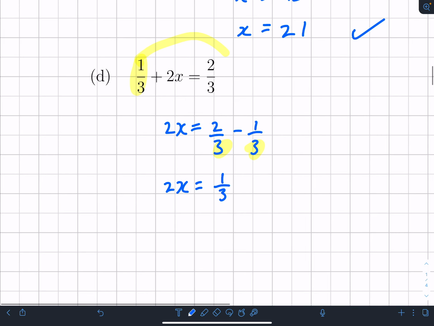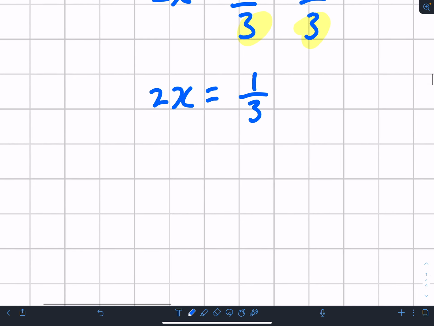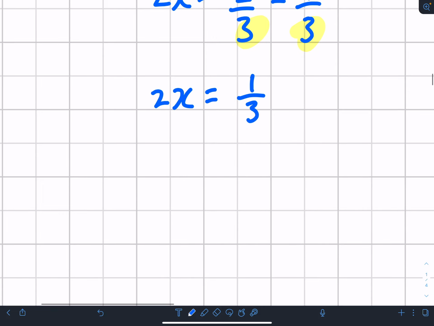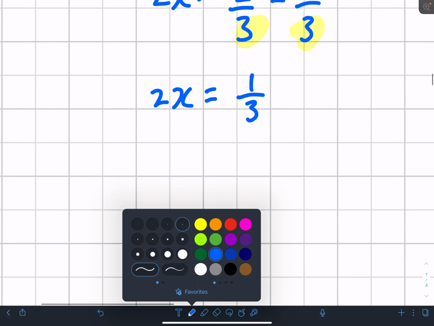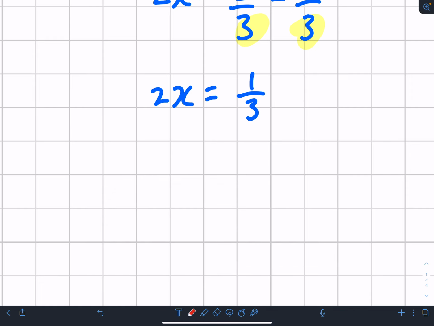Okay. Now we're not quite there. We need to now divide both sides by 2. And there's 2 ways to think about dividing both sides by 2. One way is to think that we will times by a half. That's probably the best way to think about dividing by 2.